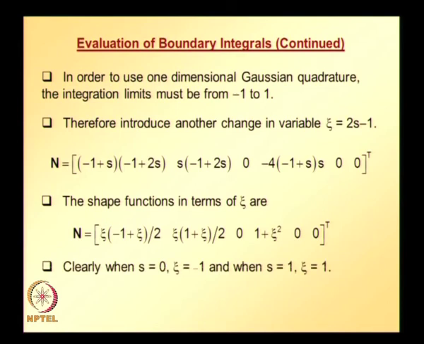That can be easily verified. By substituting s is equal to 0 in the equation psi is equal to 2s minus 1, we can easily check that s is equal to 0 corresponds to psi is equal to -1, and s is equal to 1 corresponds to psi is equal to 1.